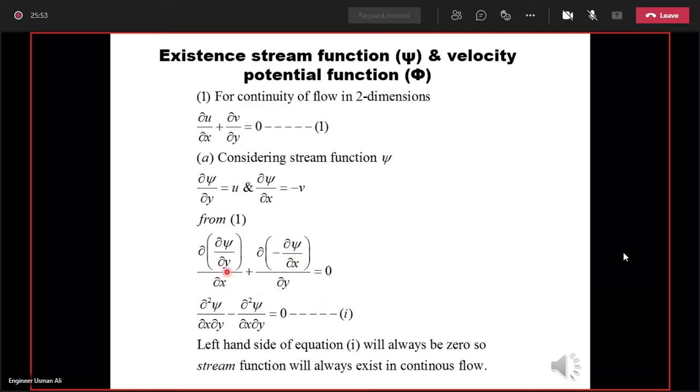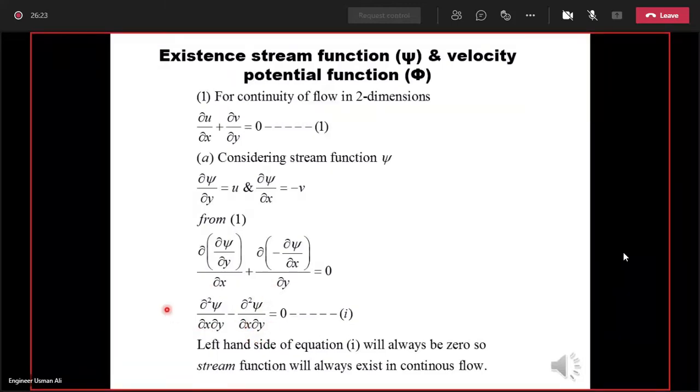Further simplifying, we can write partial square psi over partial x partial y, minus partial square psi over partial x partial y, is equal to 0. If you look at the left hand side of this equation, these two terms will cancel each other. So from equation 1, it is clear that the left hand side will always be 0.